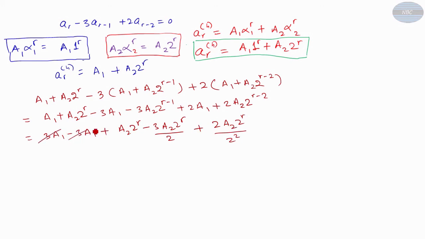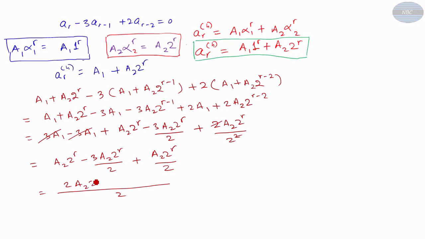Okay, so this cancels out, the 2 and this 2 will cancel out. So we'll have a2 2 to the power r minus 3a2 2 to the power r divided by 2 plus a2 2 to the power r divided by 2. 2 is the LCM, so I have 2a2 2 to the power r minus 3a2 2 to the power r plus a2 2 to the power r.